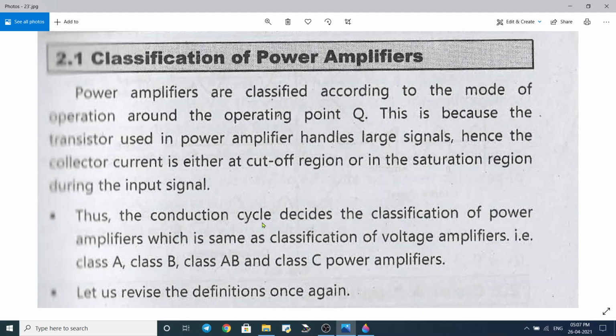That means for how much interval the collector current in a transistor flows, that decides the class or mode of operation. Class A mode, class B mode, class AB or class C mode, that is the power amplifiers. So let us see one by one.